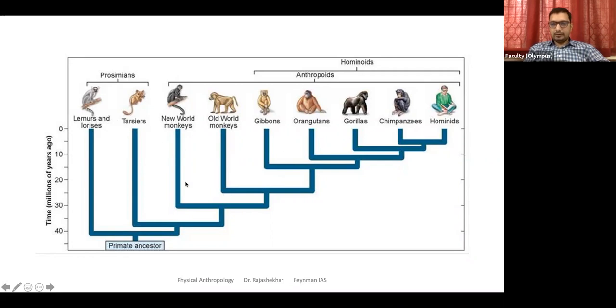Slowly, as you notice, the branching out becomes more and more specialized, to a level where we and chimpanzees are put together. Although we are different, our ancestor was the same. We both had a common ancestor at a later point of time.